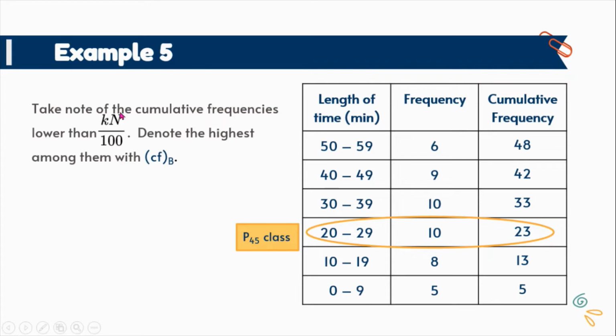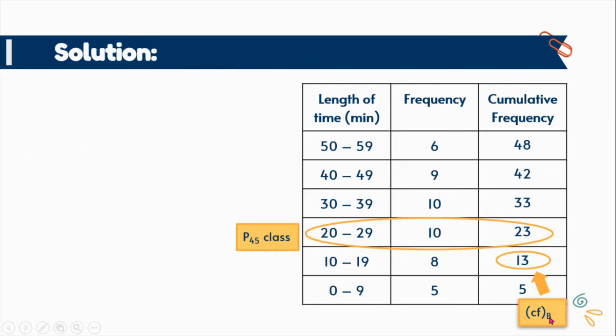Take note of the cumulative frequencies lower than Kn over 100, or lower than 21.6. So these are 13 and 5. Denote the highest among them as Cf sub B. The highest among them is 13, so this 13 here is our Cf sub B.